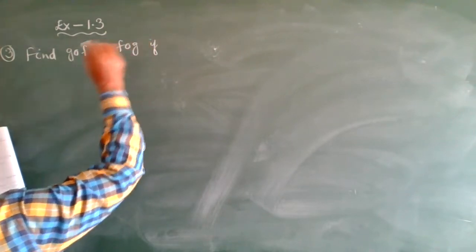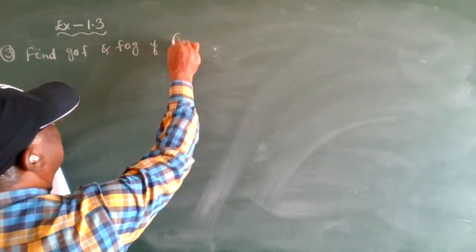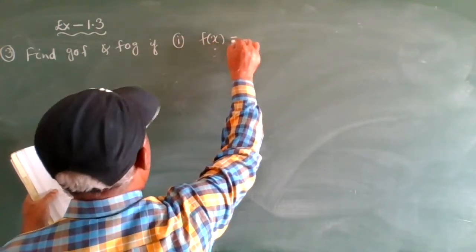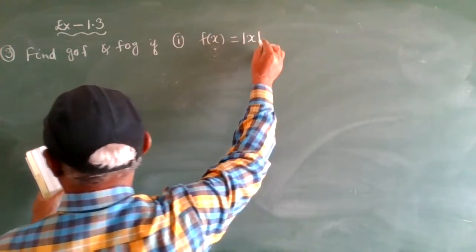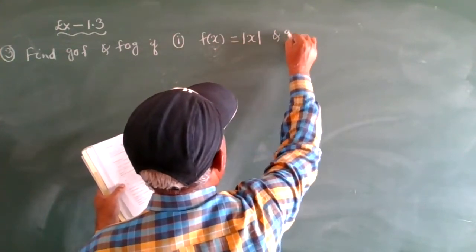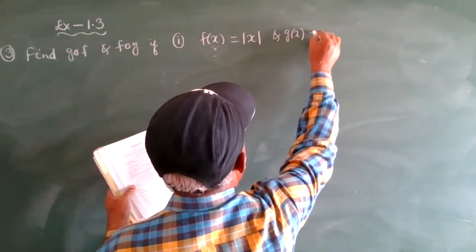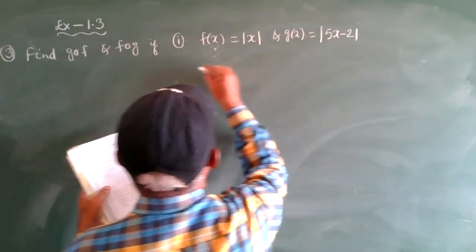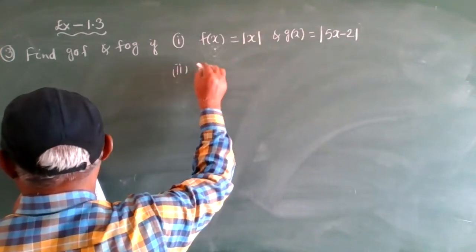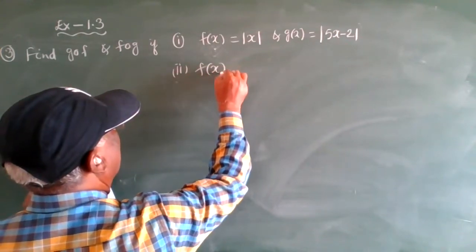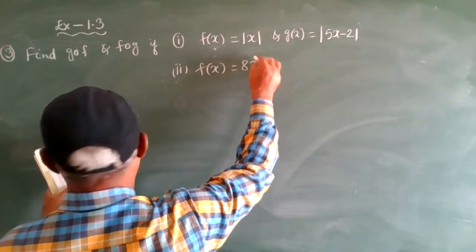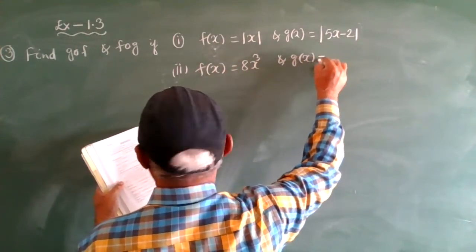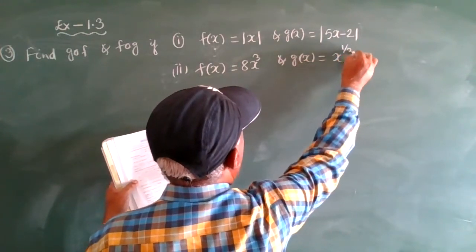If the first bit is f of x is equal to modulus of x and g of x is equal to modulus of 5x minus 2. The second bit is f of x is equal to 8x cubed and g of x is equal to x power of 1 by 3.